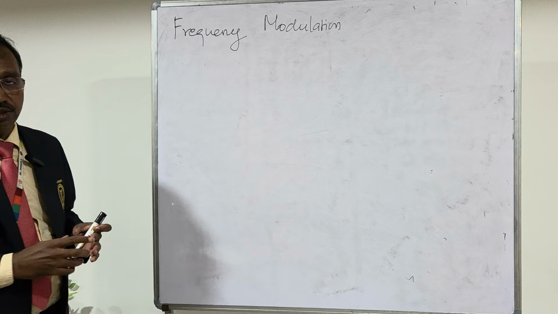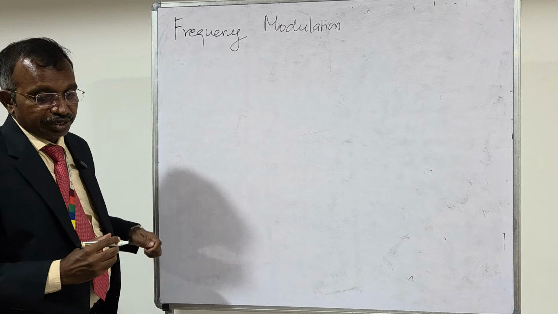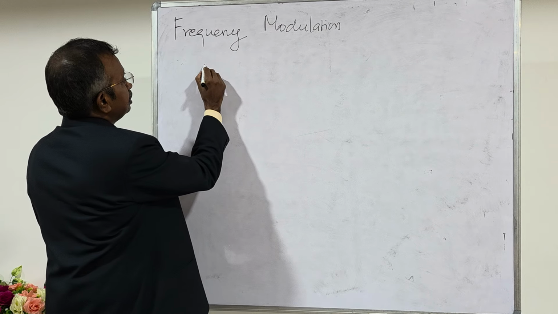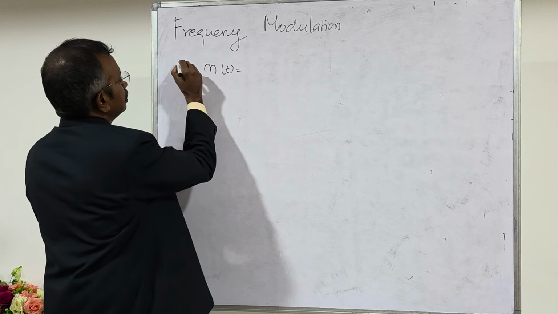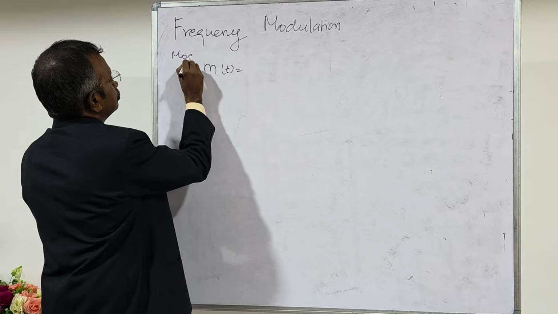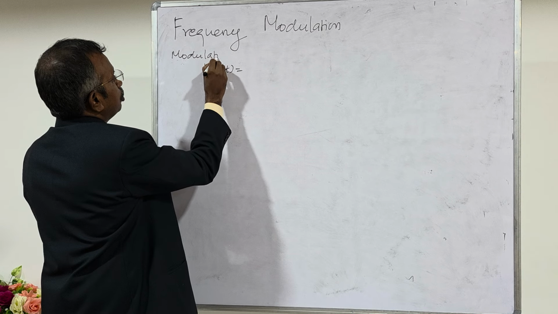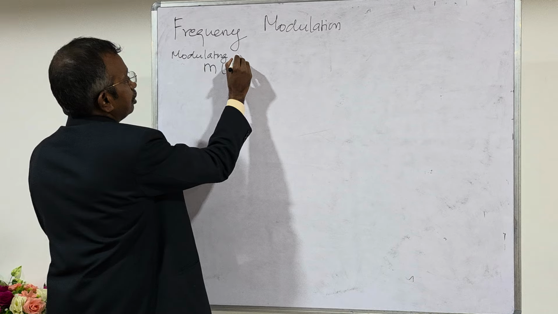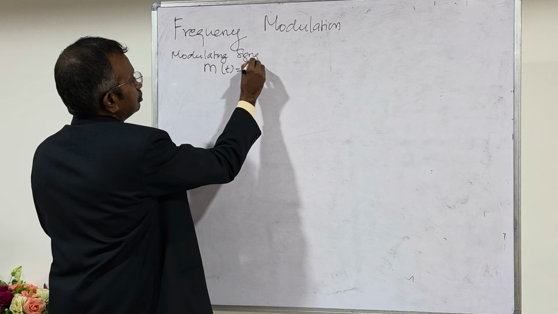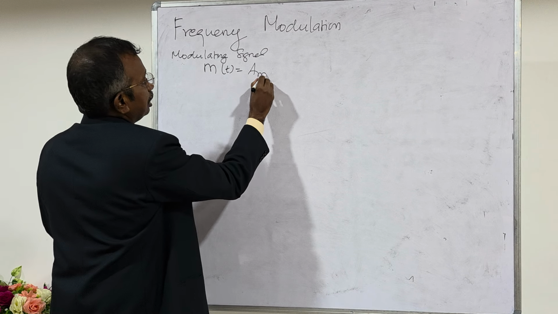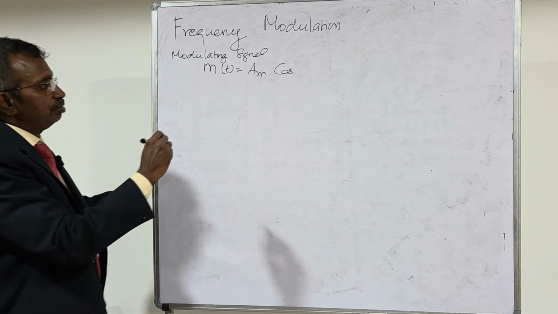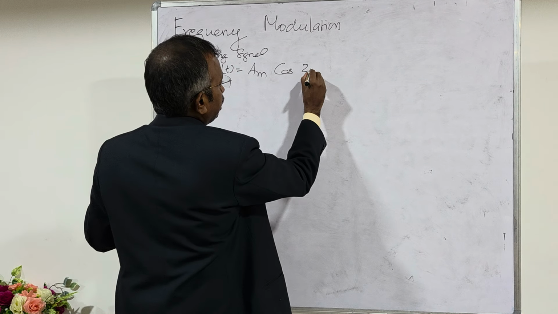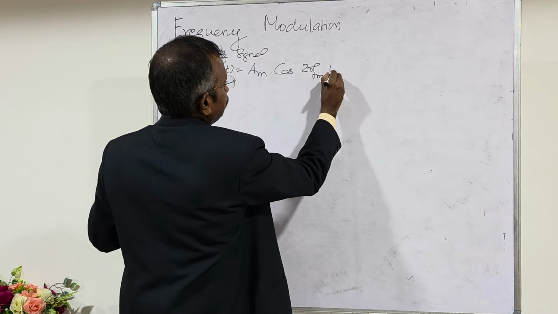Now consider a modulating signal, say m of t. m of t is the modulating message signal, m of t equals Am cos 2 pi fm t.